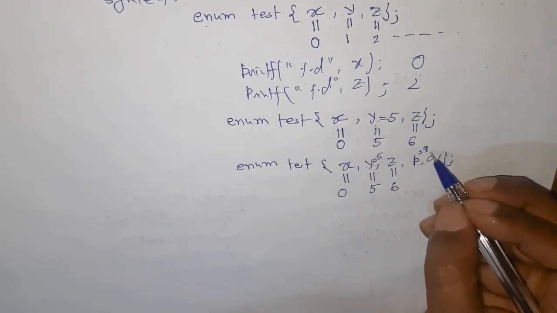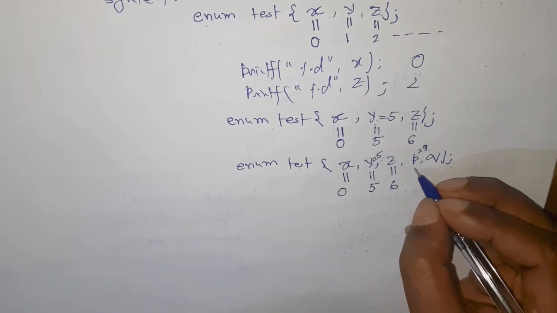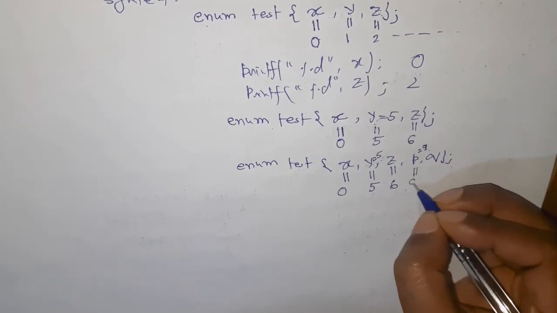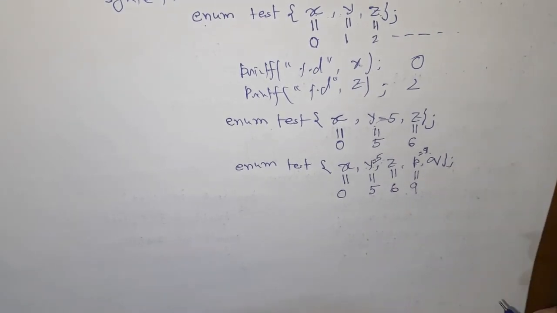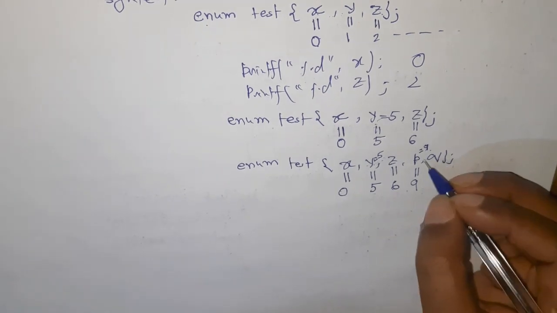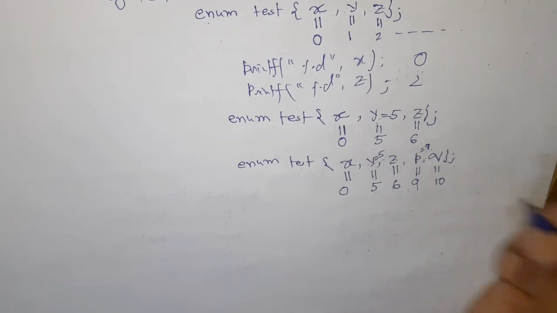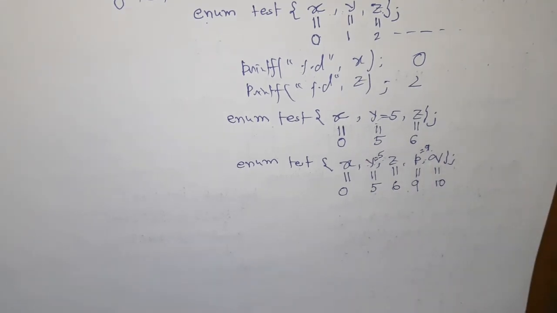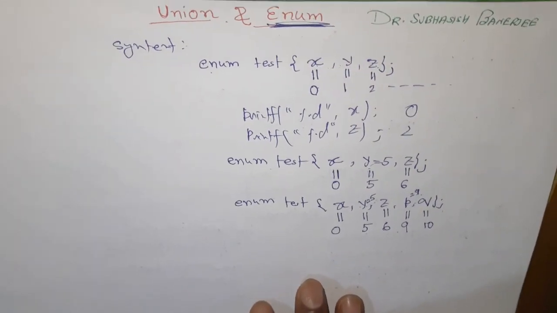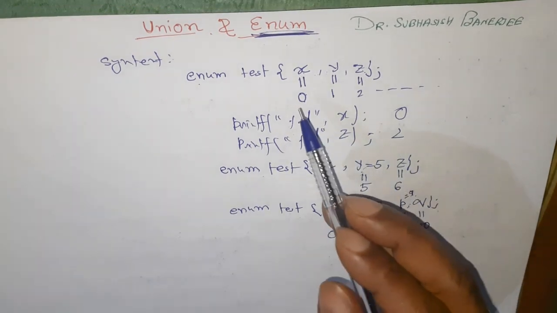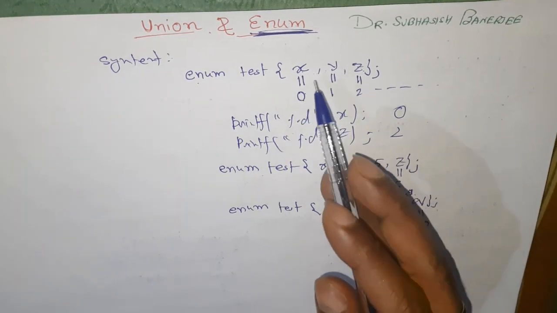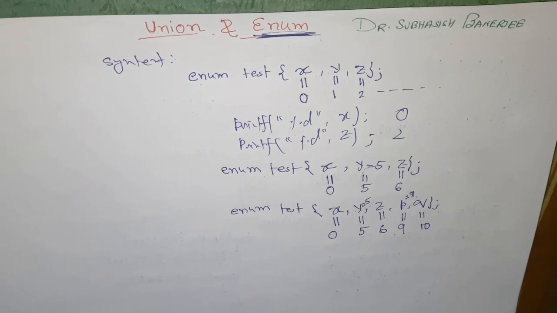Next is p, where we have specified 9, so against the identifier p it will assign the constant value 9, and q appears after p, so it will store the constant value 10. So like this, enum is another user defined data type that is basically used to store the constant value against the identifier.